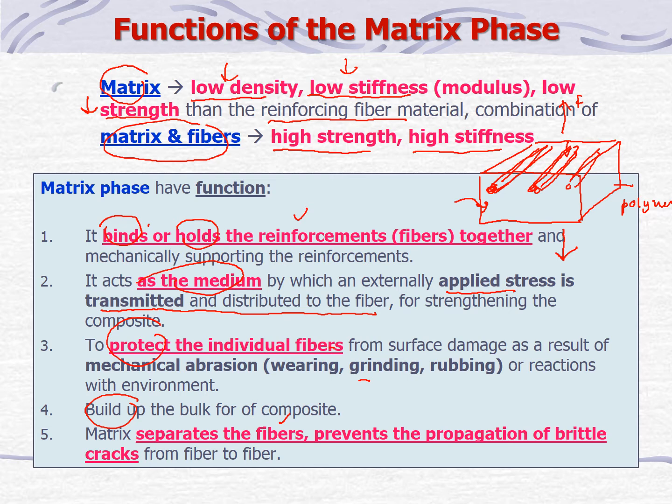So if there is a crack in one fiber, this matrix will stop the crack propagation, so that it cannot propagate to other fibers.